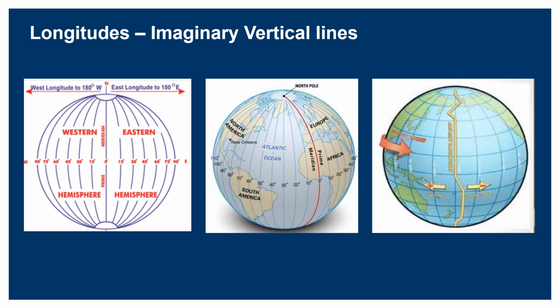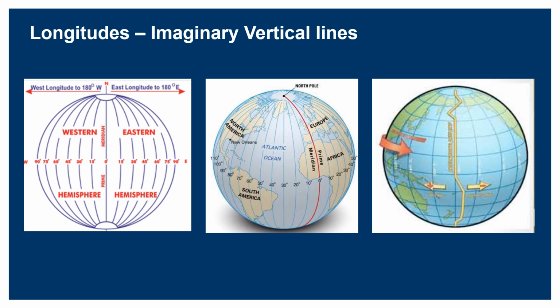The prime meridian is a 0-degree meridian. This prime meridian passes through the Greenwich Observatory, which is located in London, in the United Kingdom. So this prime meridian is also known as the Greenwich meridian.